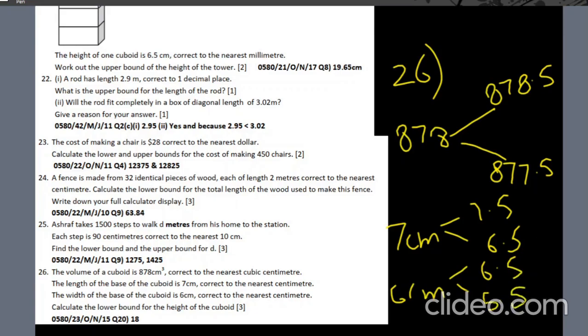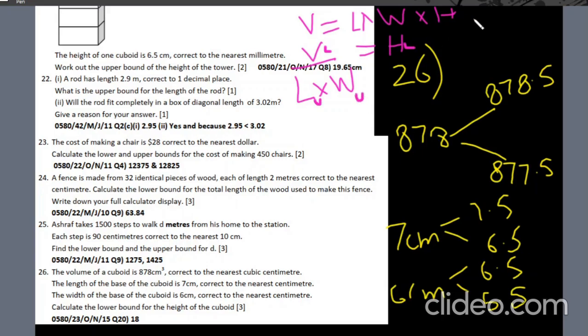Calculate the lower bound for the height of the cuboid. So we know the formula for a cuboid. Volume is length times width times height. Now we need the value of height, so make height the subject. We get V over length times width. Now we need the lower bound for the height, so the numerator needs to be in lower bound and the denominator needs to be in upper bound.